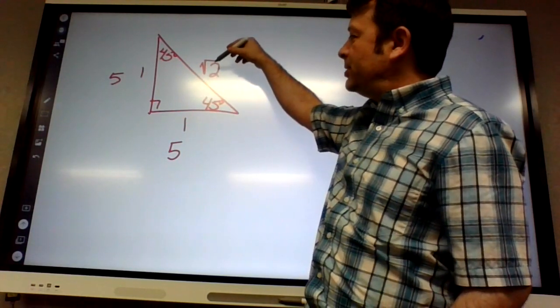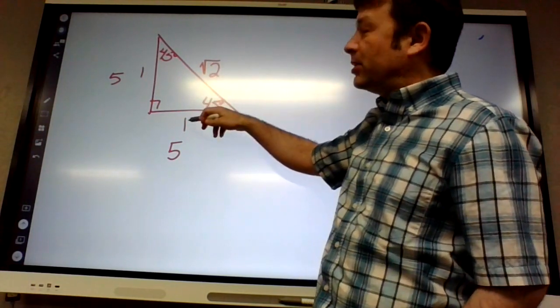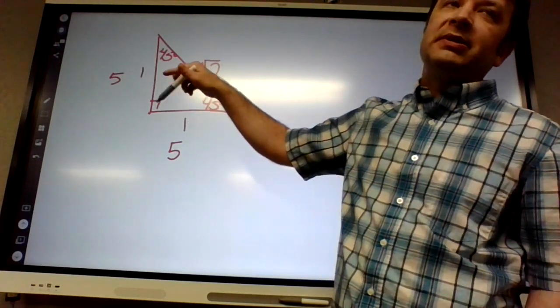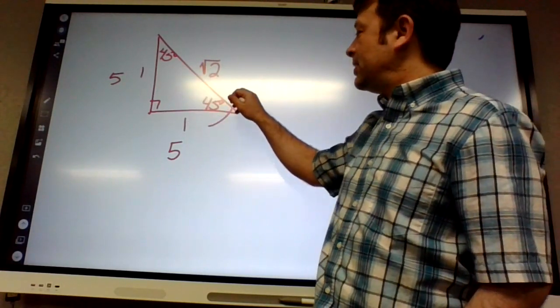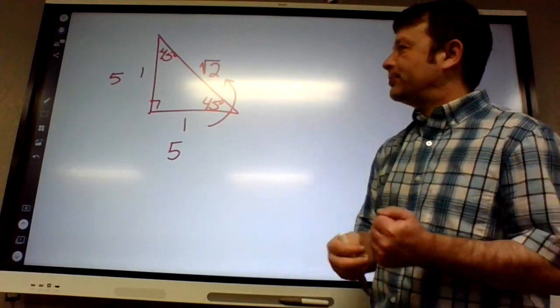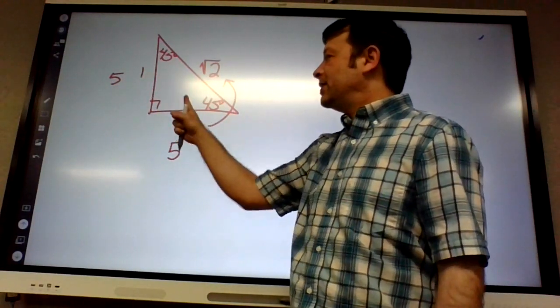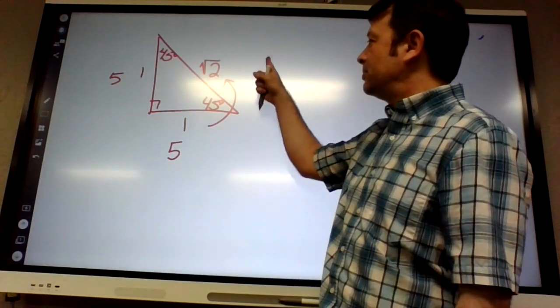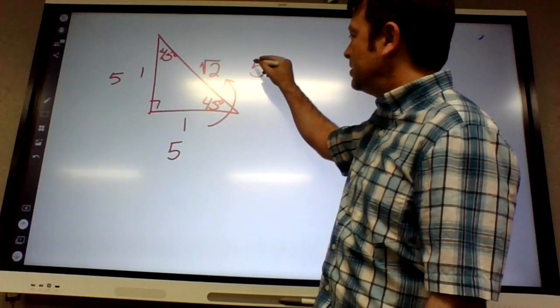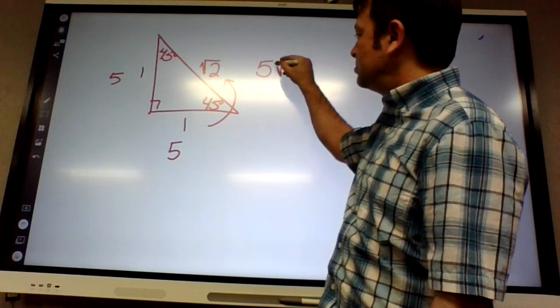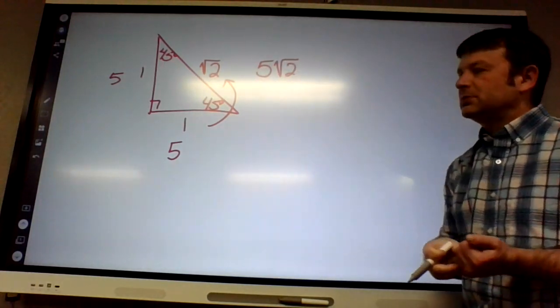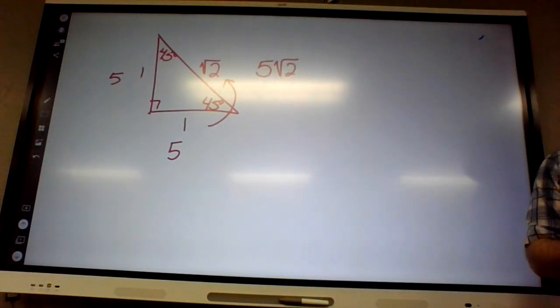The square root of 2 means it is square root of 2 times bigger than 1. So in other words, when you're going up to the hypotenuse, you're supposed to multiply by square root of 2. So if this is 5 and this is 5, this one's going to be 5 times square root of 2. Just ringing a bell?